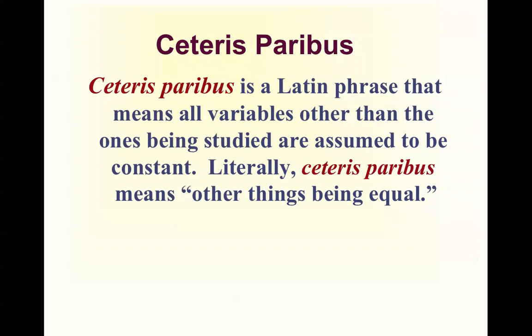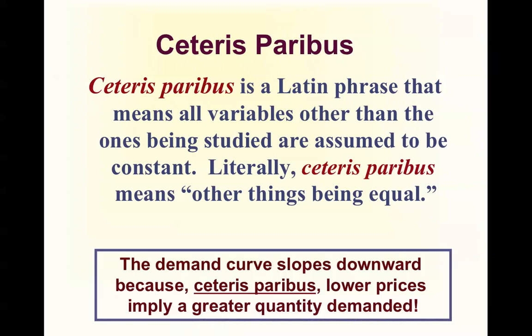Very important concept in economics: ceteris paribus. And as you can read here, ceteris paribus is a Latin phrase that means all variables other than the ones being studied are assumed to be constant. Ceteris paribus means other things being equal. So, for example, the demand curve slopes downward because, ceteris paribus, lower prices imply a greater quantity demanded.